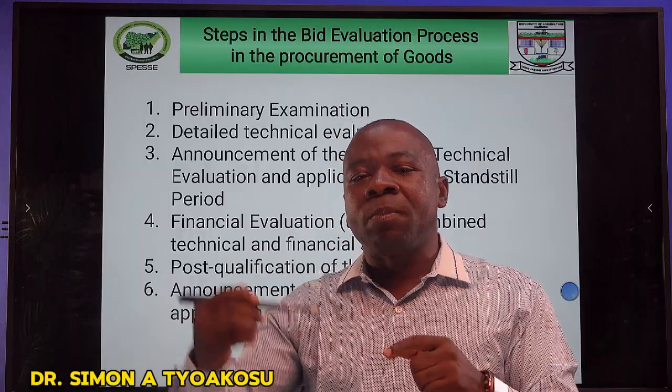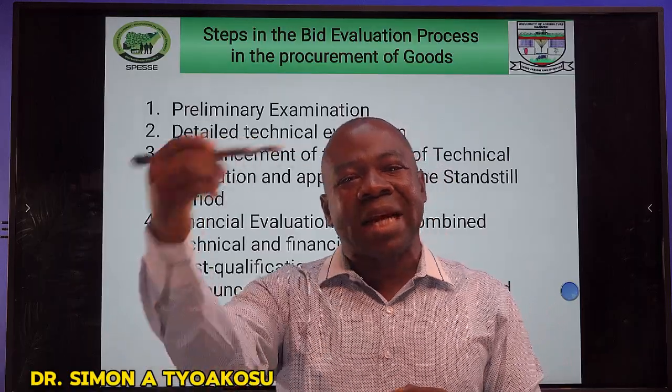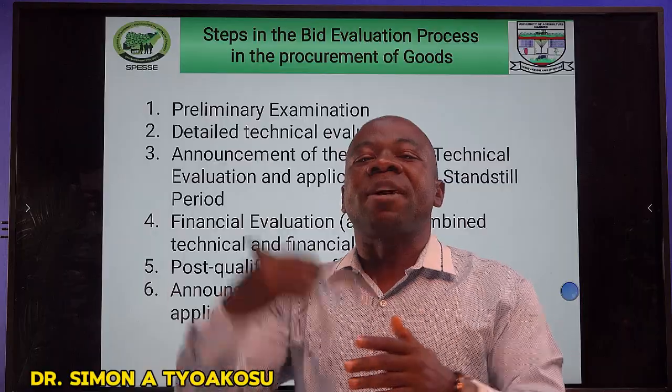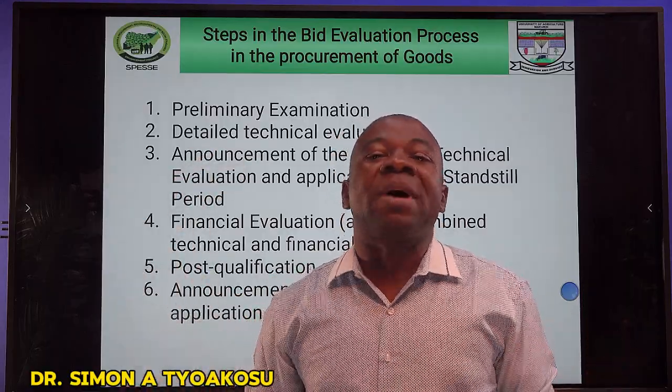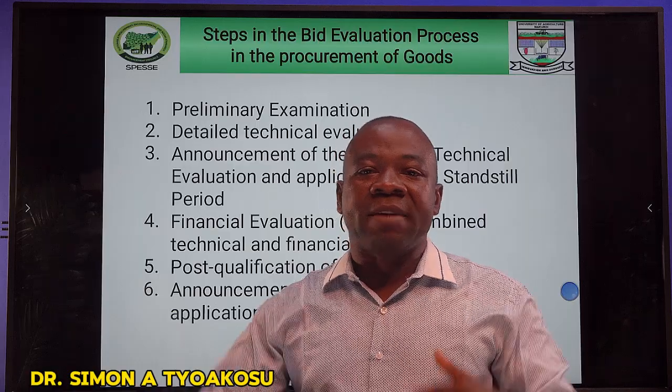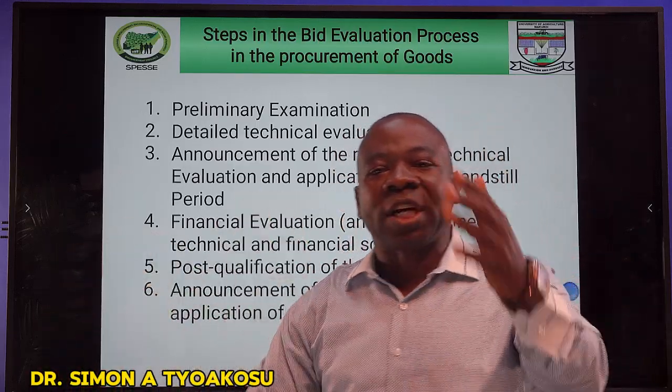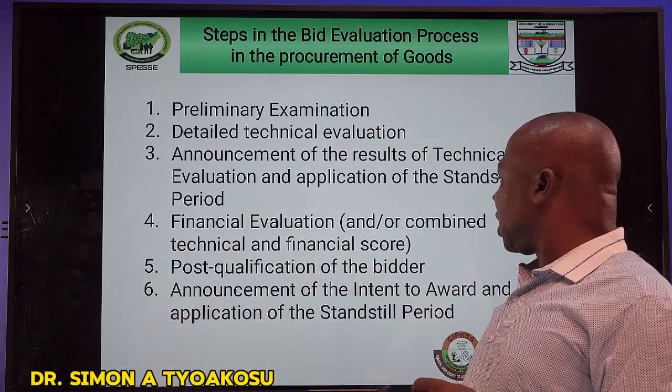Those criteria that he met, you still verify whether he is still up to date in meeting them. Some organizations might have gone bankrupt within the time frame that the evaluation is taking place. You have to do all of that to be sure before the contract is awarded.